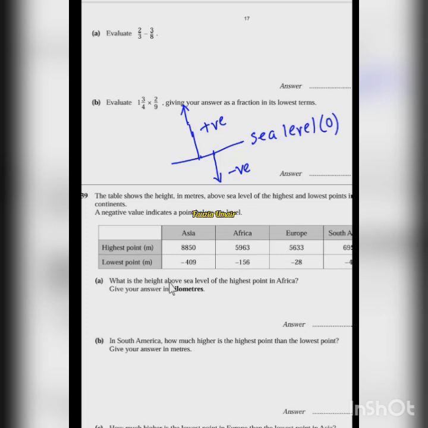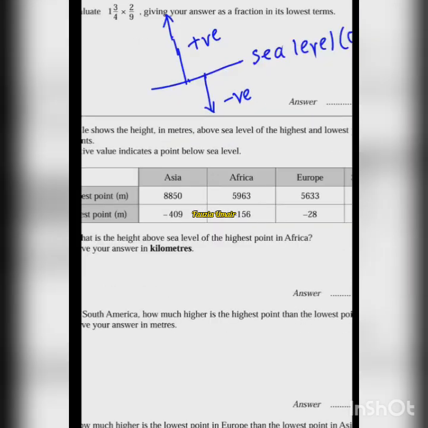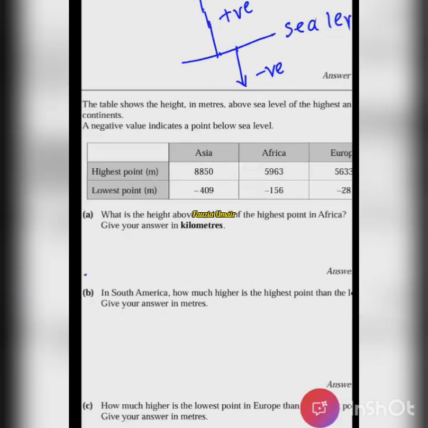So what is the height above sea level of the highest point in Africa? Give your answer in kilometers. So what is the highest point in Africa? Can you see that? This is the highest point.